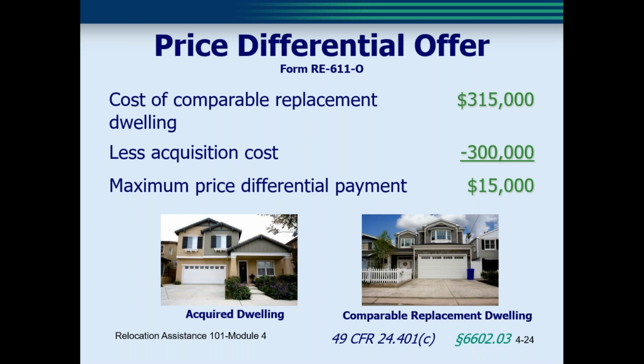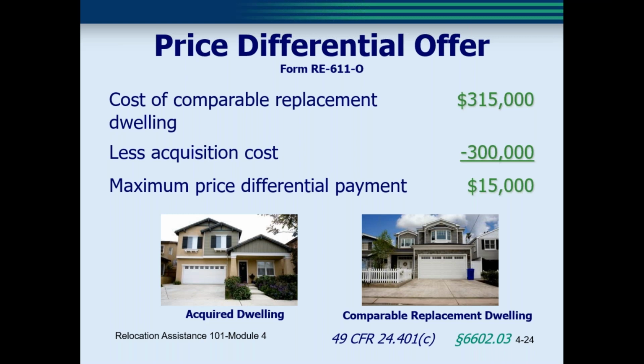So the maximum price differential, which is also known as the RHP, replacement housing payment, is the maximum amount that the displaced person may receive for the purchase of a replacement dwelling. So it is the mathematical difference between the fair market value of the site and the list price of the prime comparable.